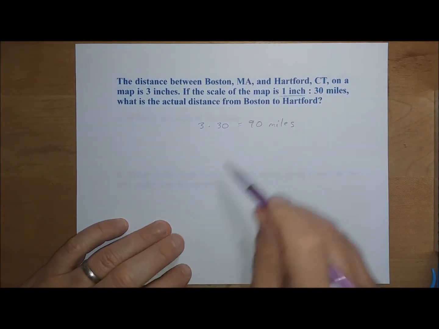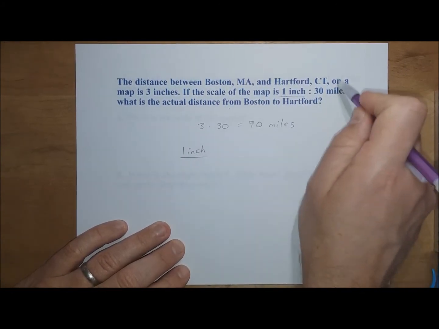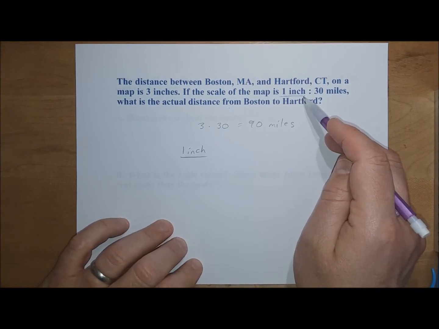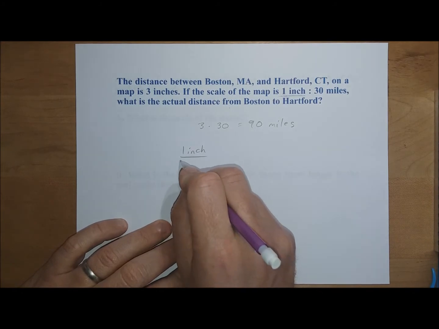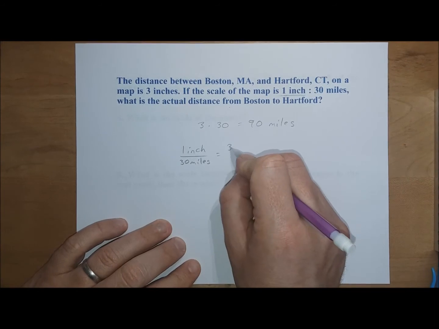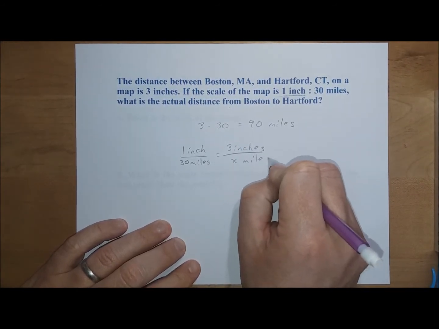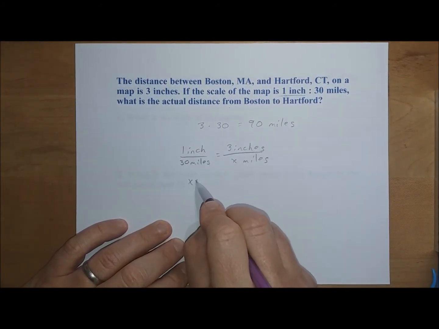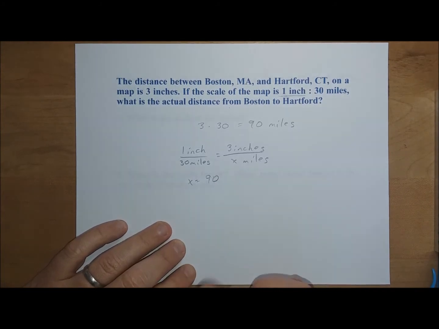Now, it is good to picture how you write that as a proportion, because if you didn't have such a convenient scale, what if they said 5 inches equals 200 miles? Then you might want to set it up like this: 1 inch over 30 miles equals 3 inches over x miles. And again, you'll see your cross products: 1x equals 3 times 30 equals 90 miles.